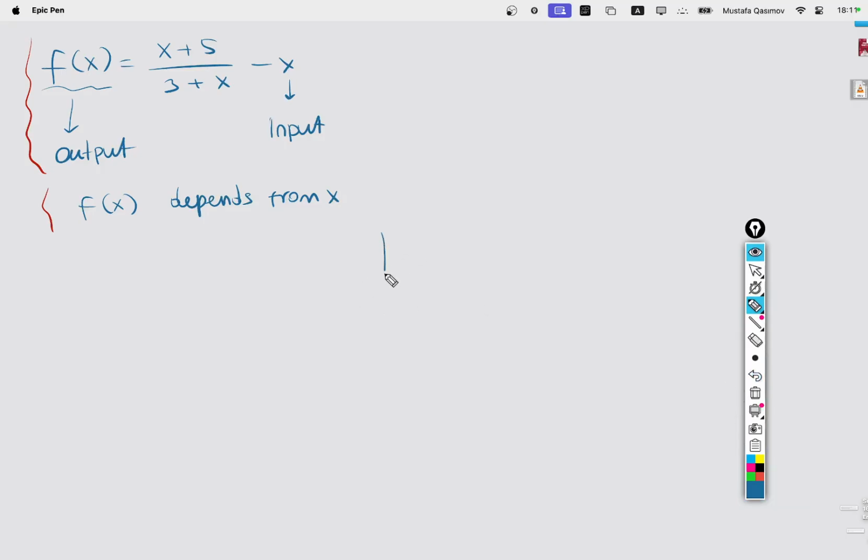Let's say that we have a function like that. For making that one 5 units up, you have to add 5 here.